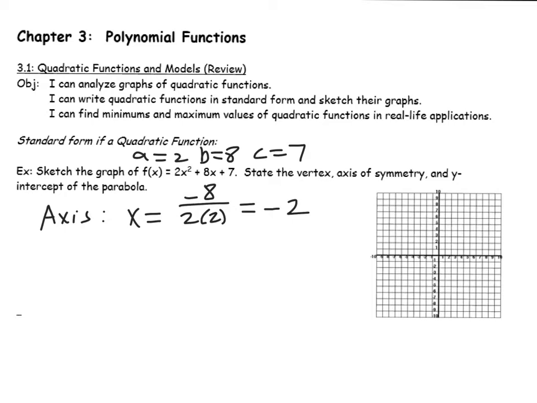Not a ton left. If I want to get the vertex, that's a point that's going to be the maximum or the minimum. From looking at the equation, I see that a is 2. So it's looking like this quadratic is going to open up, and it would be a minimum. The axis of symmetry always goes right through the vertex, so I already have that. I just need to get the y-coordinate, which I would get from plugging negative 2 back in.